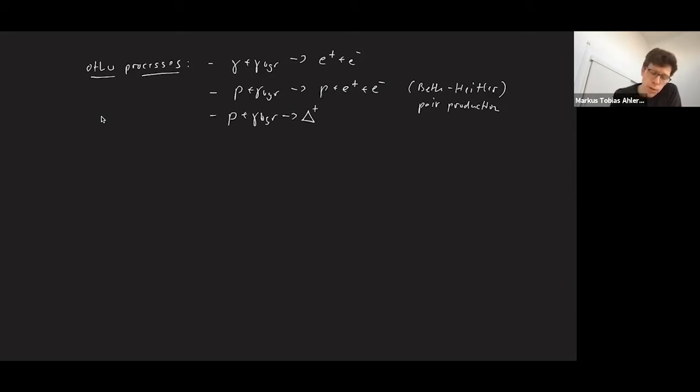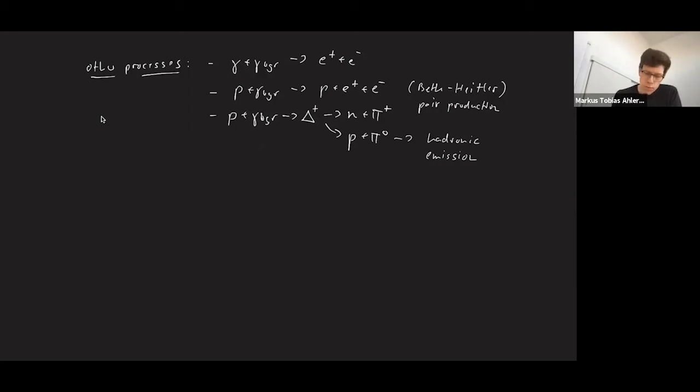And this delta resonance is not stable, it decays, and it can decay, for example, to a neutron and a pi plus, or it can decay into a proton and a pi zero. So these types of interactions of cosmic rays with gamma ray backgrounds can also be a source of hadronic emission. So it's not necessarily the background of gas which is important, it's also the radiation background that can induce hadronic emission.